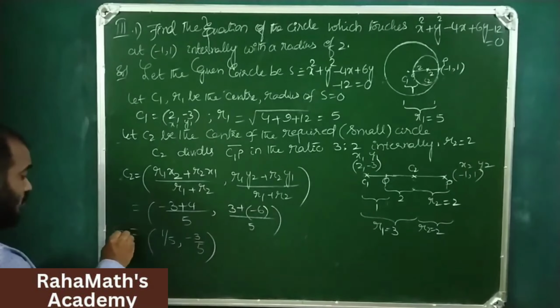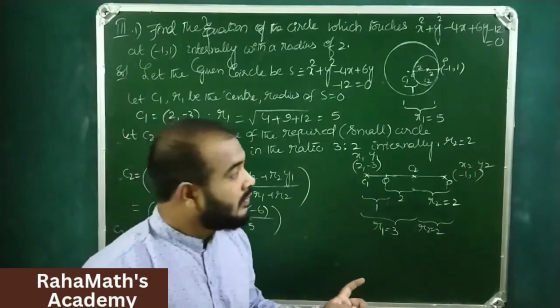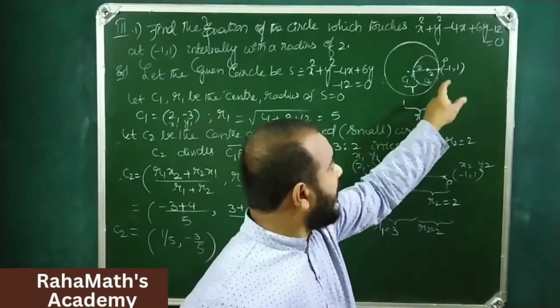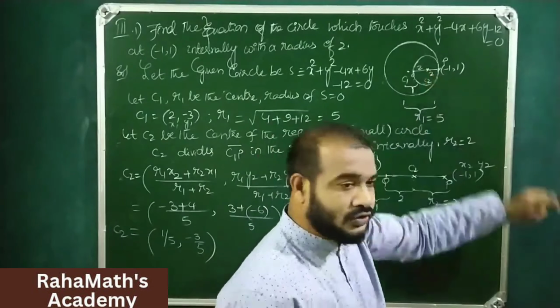So what is this C2? This C2 is the center of the required circle. We have the center and radius 2.